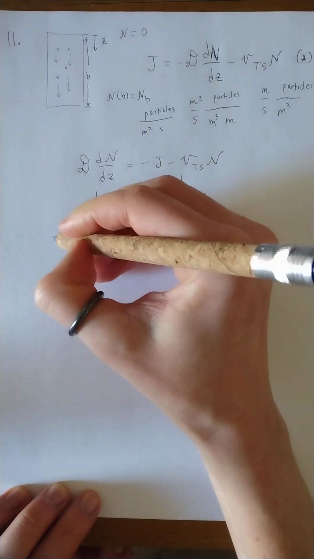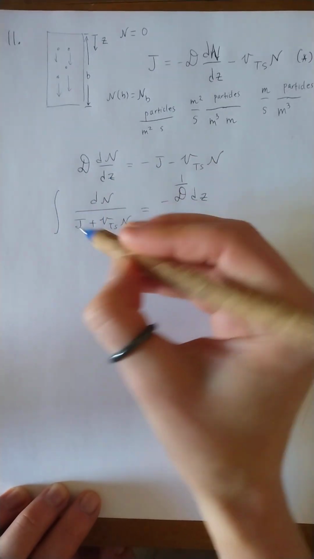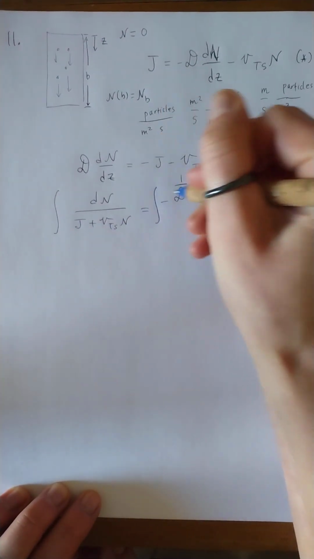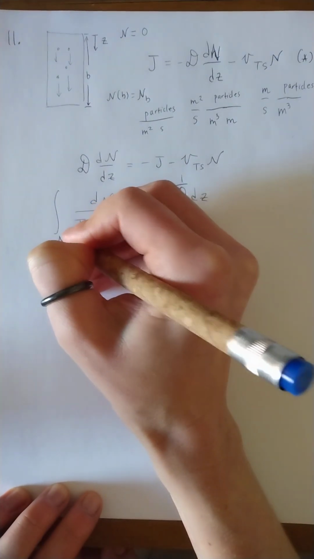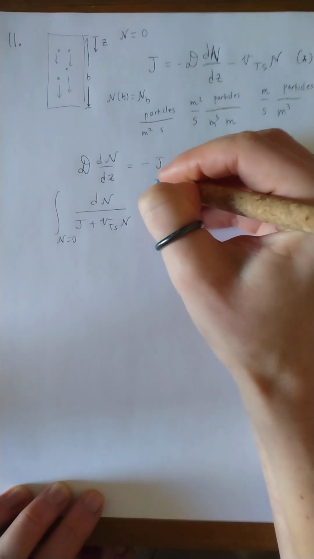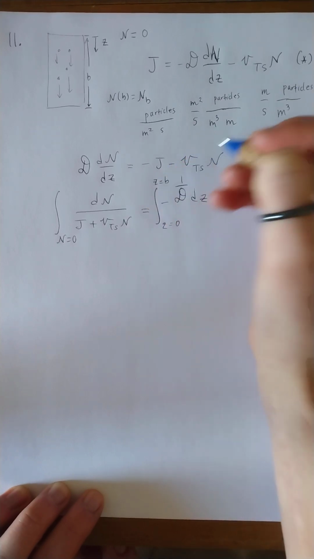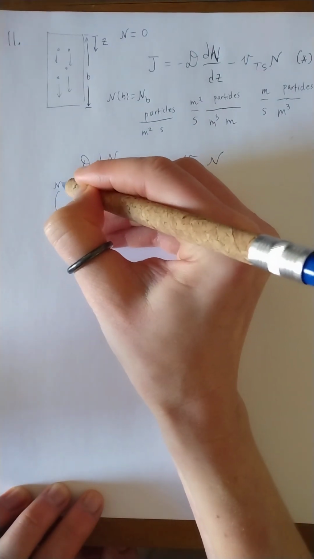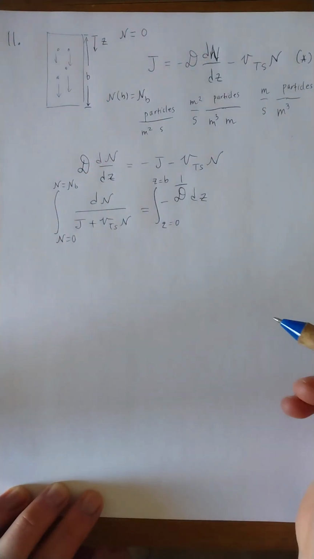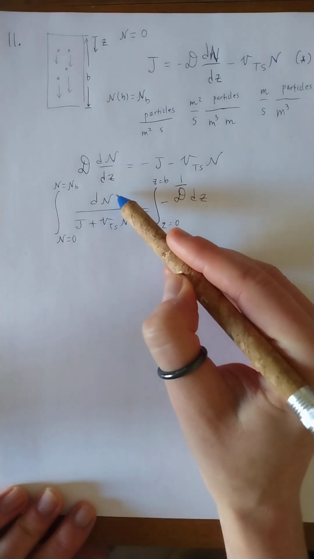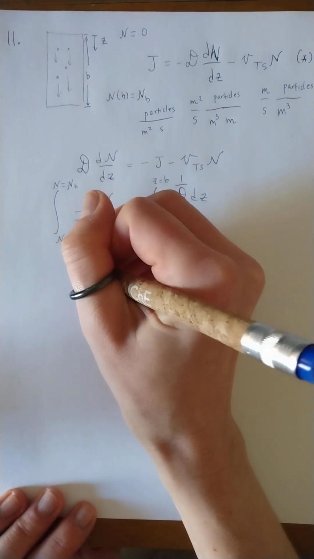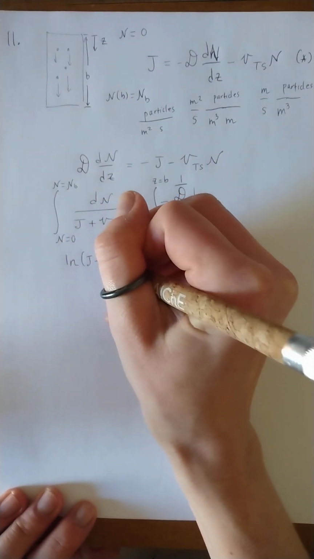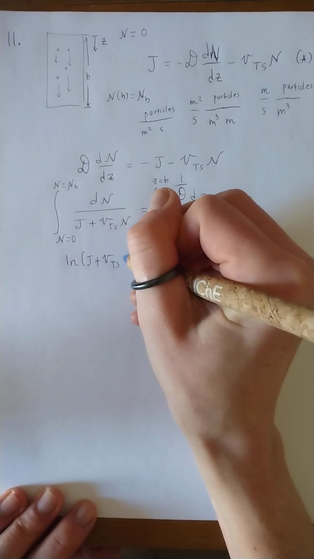Okay, so now we're going to integrate from top to bottom, on both sides. So at the top, at z equals 0, we have a number concentration that equals 0. And if we integrate to the bottom, z equals b, then we have a number concentration that's n sub b. Anything where we have a form dx over x gives us a natural logarithm of whatever's in the denominator.